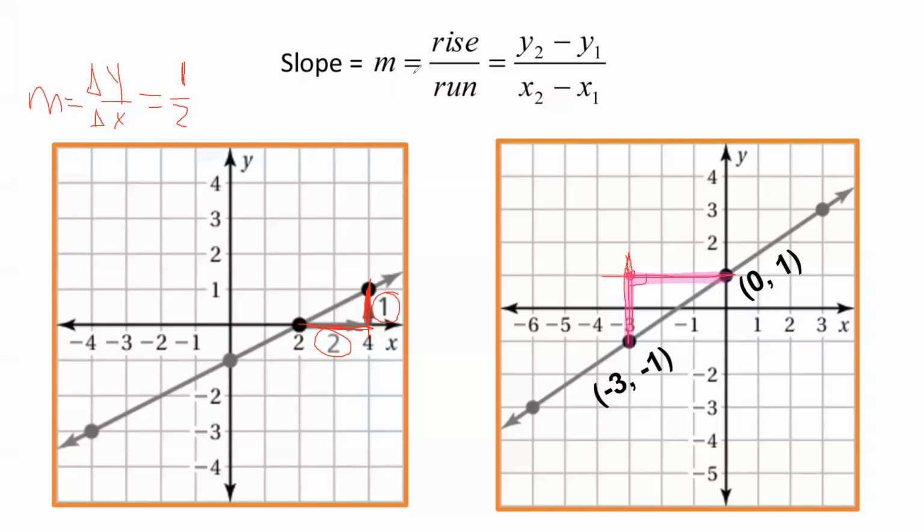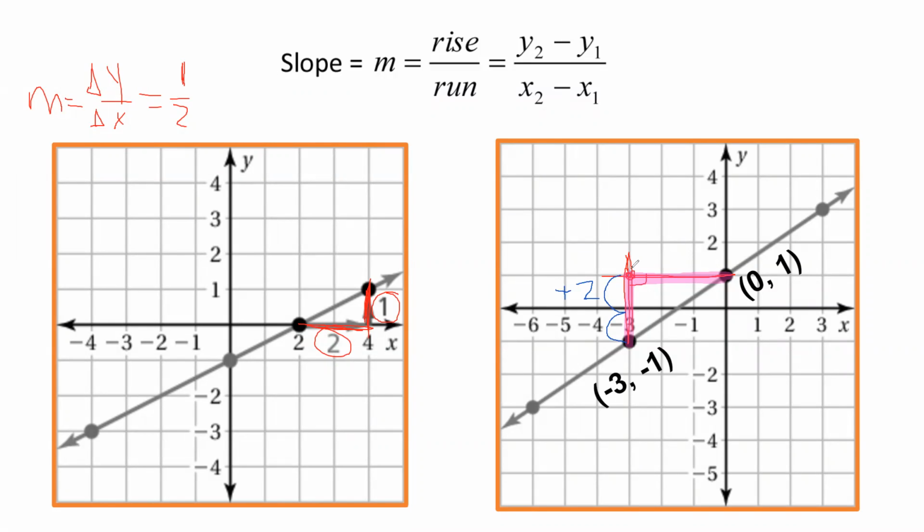So let's look at that. Our change in y is how much we're going up. Going up is always going to be a positive number. So we went up 2. So that's a plus 2. When we're going right, all of our numbers to our right are positive. So if we ended up going left, that would tell me a negative number.